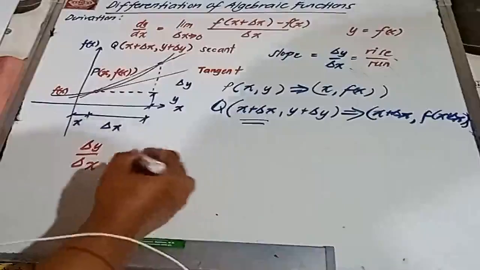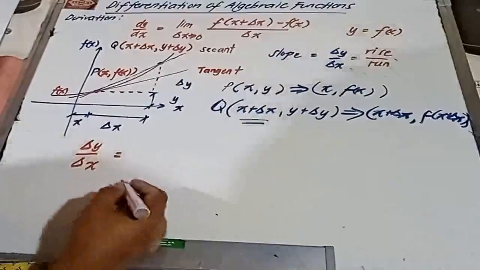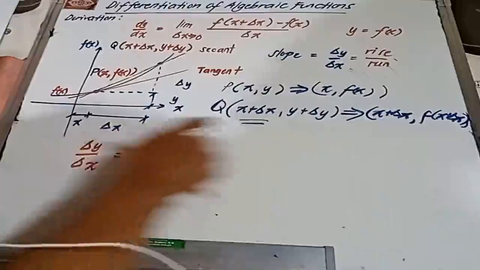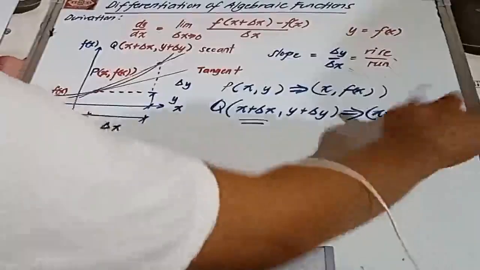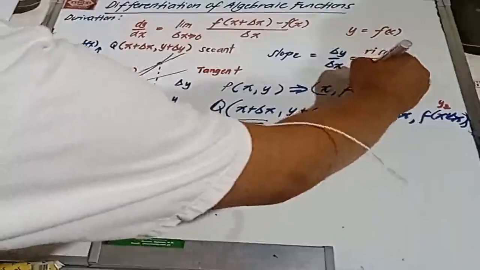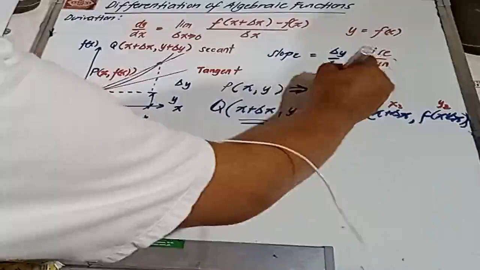So, ang rise natin is delta y. Ang run natin ay delta x. Ano nga ba yun? Y sub 2 minus y sub 1. Yun ang ating delta y. So, ang ating y sub 2 ay ito. Ito yung ating y sub 1. Ito yung x sub 2 natin. Ito yung x sub 1 natin.